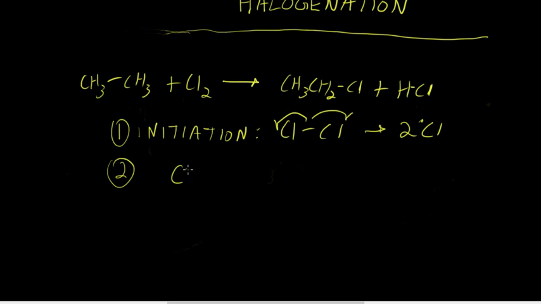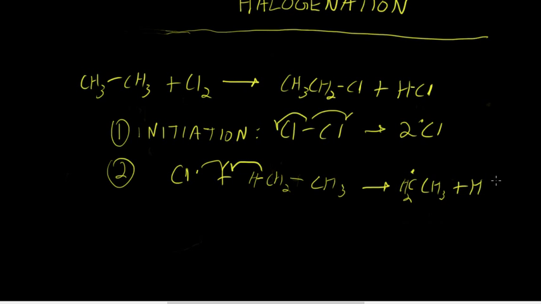So that radical will react with one of the hydrogens here on ethane. Let me fix this real quick. And you'll basically get ethyl radical and HCl. And this is the rate determining step.